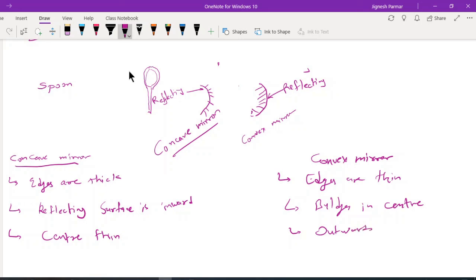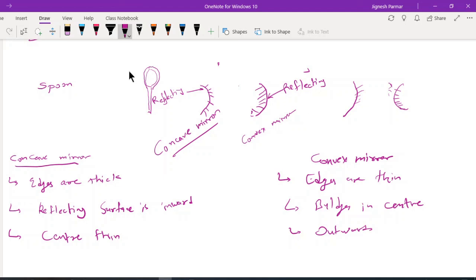The reflecting surface is outward. So a spherical mirror whose reflecting surface is curved outward is called a convex mirror. And this is the schematic diagram. For the diagram I showed you, you just have to draw a curve. If the reflecting side is the outside, it is convex, and if the inside, it is concave. So this is the thing we have to study.